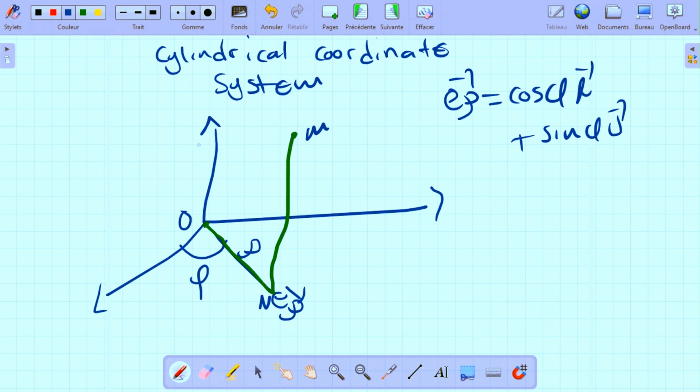This is parallel to the z-axis, so the direction of NM is k as well. K is the unit vector in the direction of z.